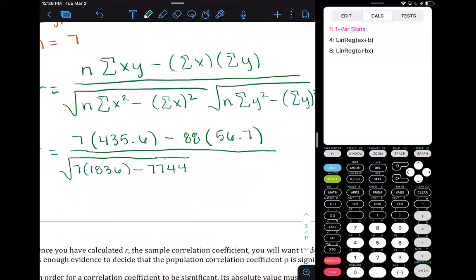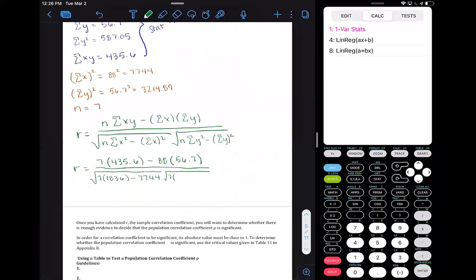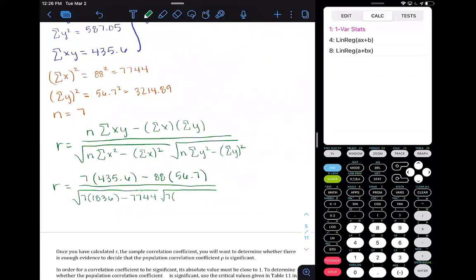And then our next square root of 7 times our summation of y squared, 587.05, minus, we already found the summation of y quantity squared, 3,214.89.